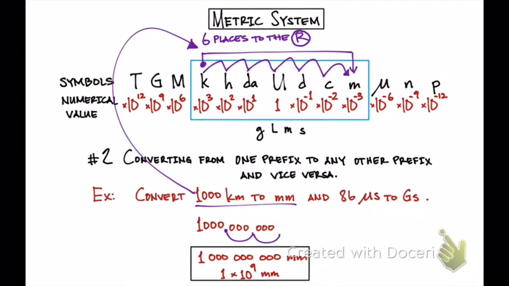All right, for the second problem here, we have 86 microseconds to gigasecond. So again, you're going to locate where the prefixes are. So we have micro right over here on the right, outside of the box. And giga is also outside the box here on the left-hand side. So how many steps will it take to get from micro to giga?